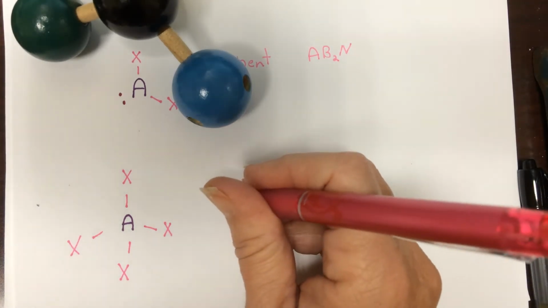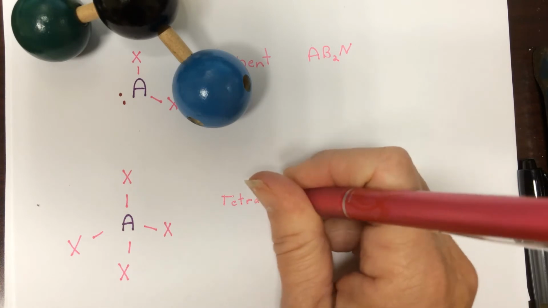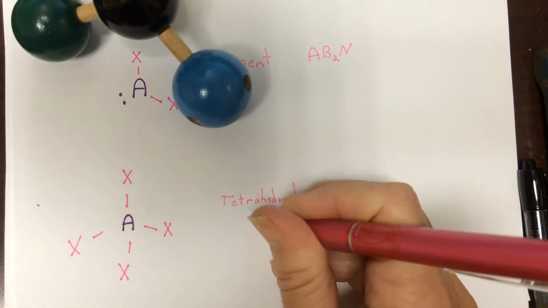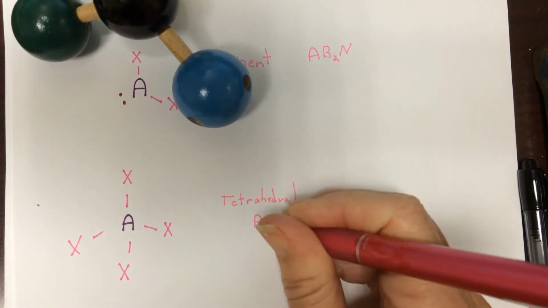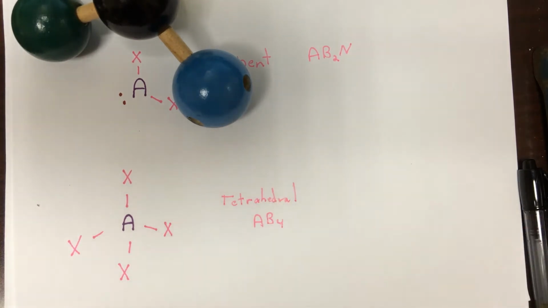This was a tetrahedral. And our symbolism here would be an atom in the middle with four bonded atoms.